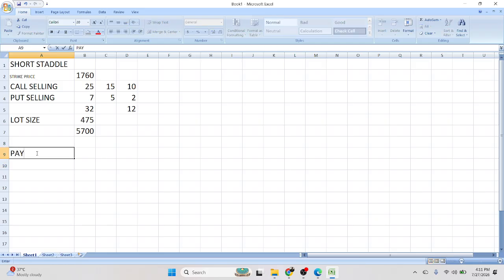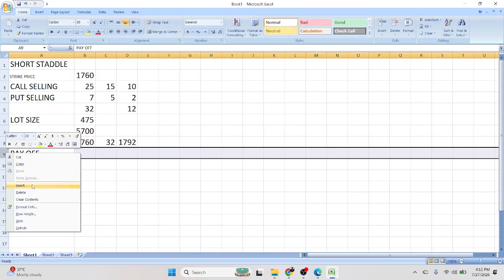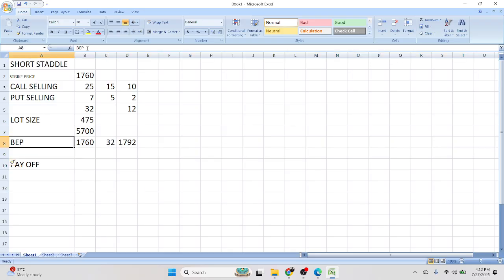First of all, your break even point for the upper side would be 1760 plus the combined premium, this one plus this one, equal to 1790. This is my upper side break even point.